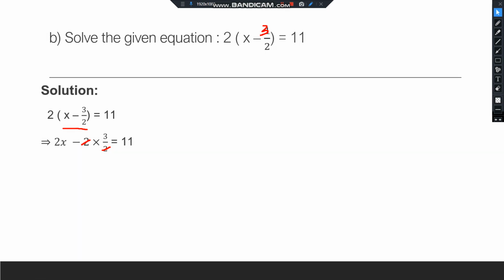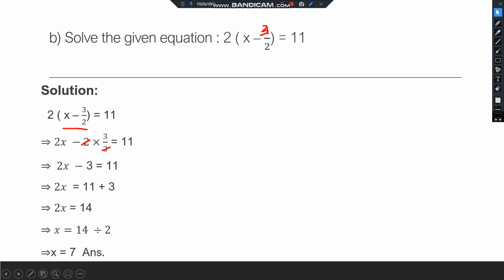So next step we will get 2x minus 3 equal to 11, and hence we get 2x equal to 11 plus 3, that is 14. So 2x equal to 14 and x equal to 14 upon 2, that is x equal to 7. That is the final answer.